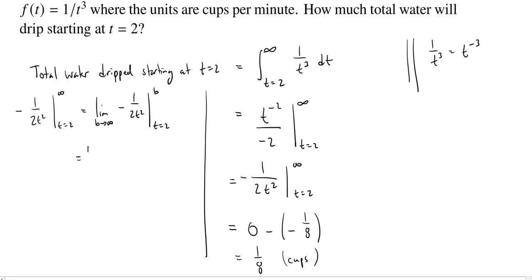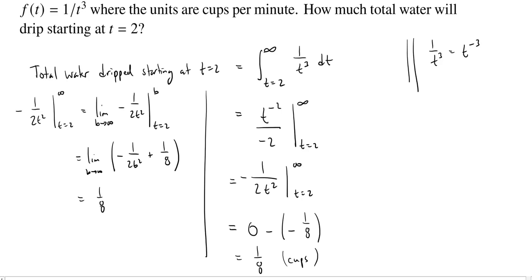Then you evaluate this, which would be negative 1 over 2b squared minus minus, is plus 1 over 8. And at this point, you'd say, okay, cool, as b goes to infinity, this piece goes to 0, and so this is equal to 1 over 8.